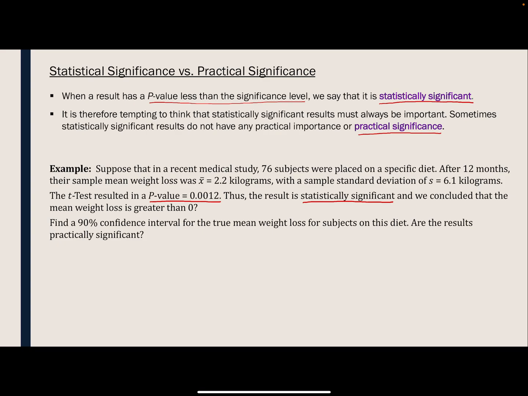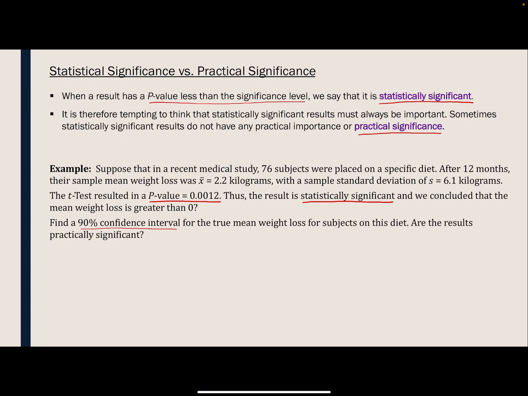When we want to decide if something's practically significant, we want to look at the confidence interval. So we've determined that the mean amount of weight loss is above 0, but how far above 0 is the question. So we're going to find a 90% confidence interval to determine this.